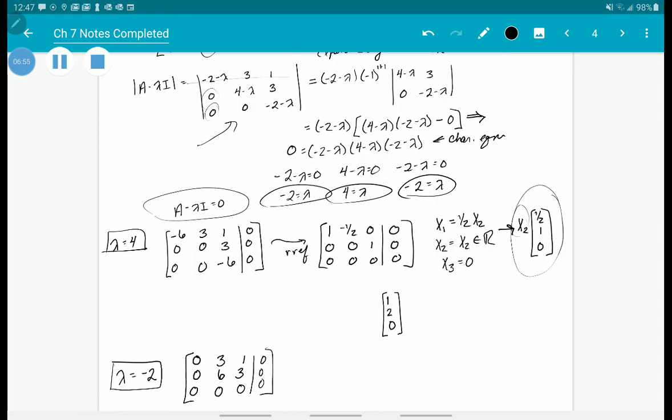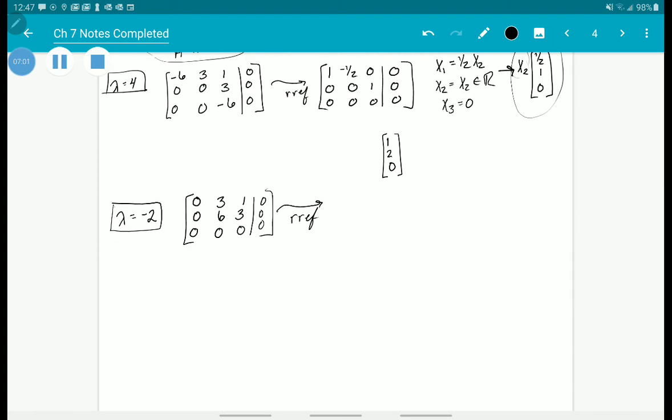Again, we're solving A minus lambda I. Let's do RREF. And it looks like we're going to get that.